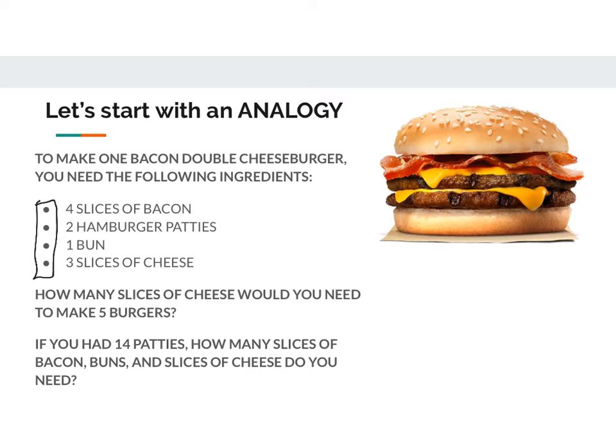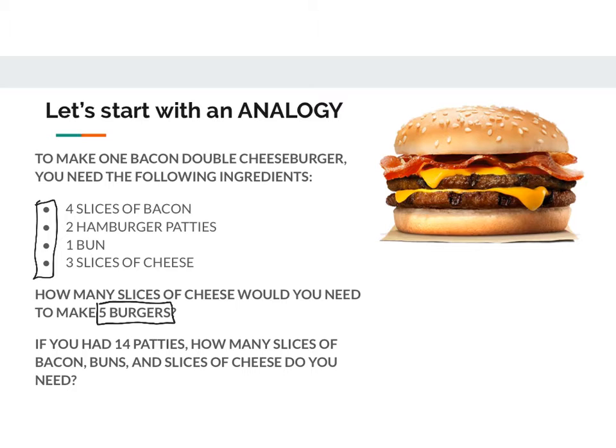If I wanted to do dimensional analysis, I could look at my ingredients and make a ratio of the given food ingredient and the wanted food. So the problem tells me that I want 5 bacon double cheeseburgers. Now these 5 burgers in this problem are technically going to be the given information for the problem.